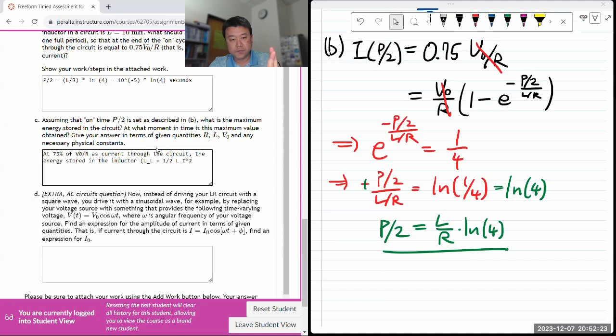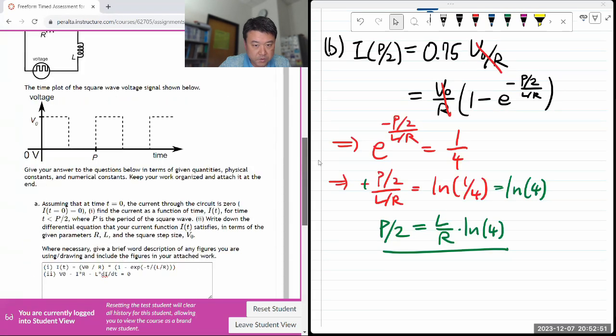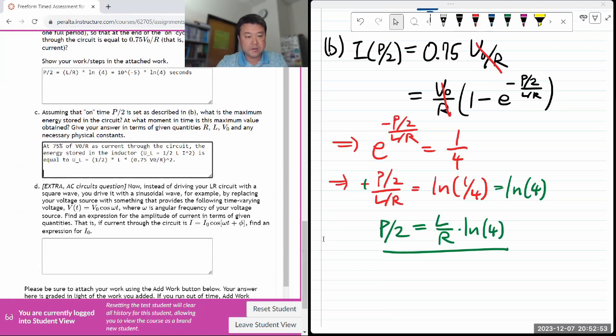I hope I have the correct formula memorized. So U_L is equal to 1/2 times L times the current, 0.75 V naught over R, squared.